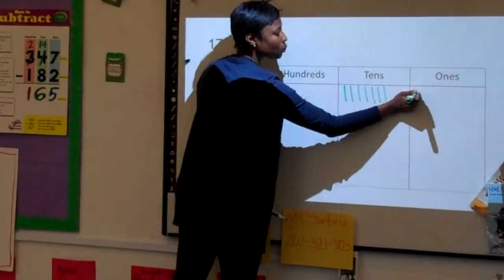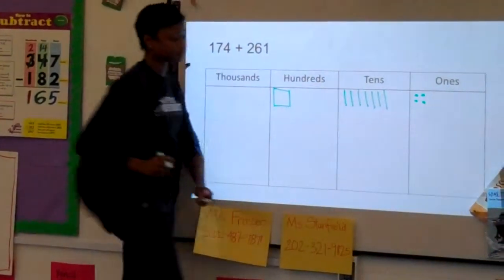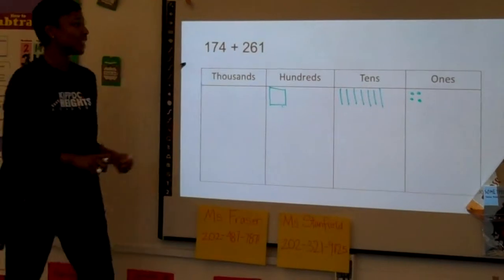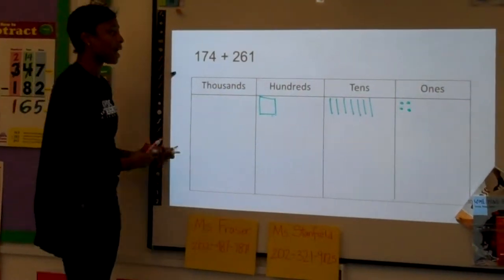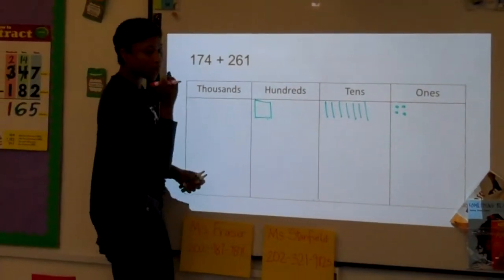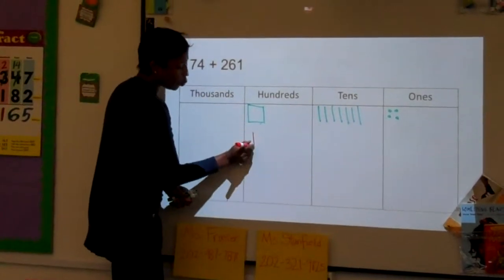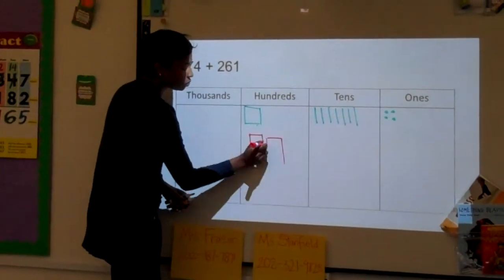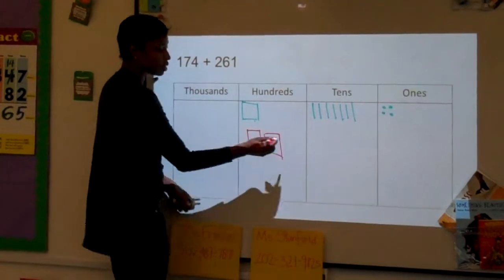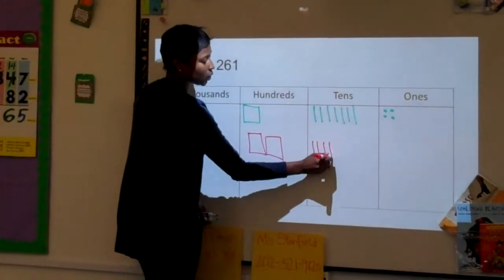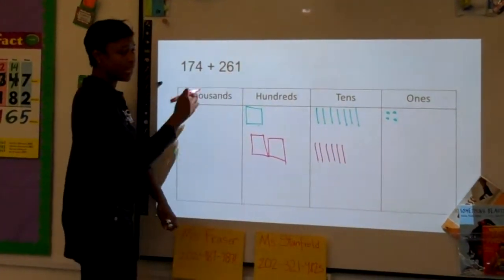And I have 4 ones. 1, 2, 3, 4. Then I'm going to do the same thing with my second number. I know I'm adding 261. 200, 6 10s, 10, 20, 30, 40, 50, 60, and 1 one.